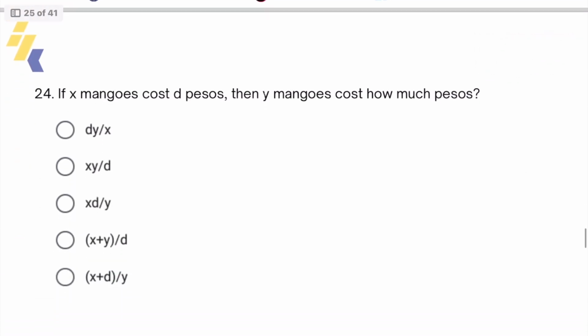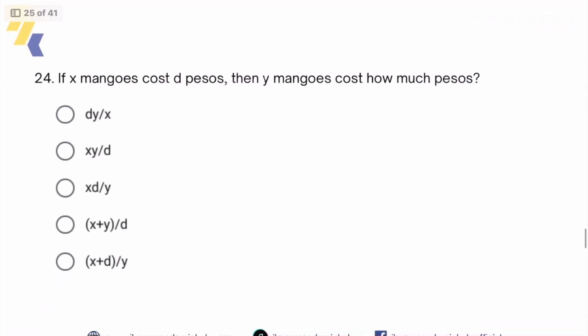Ayan, next problem tayo. If X mangoes cost D pesos, then Y mangoes cost how much pesos? Ayan, so to solve this problem, we have to find first the price of each mango. How do we do that? We have to divide D pesos by X mangoes. Okay?